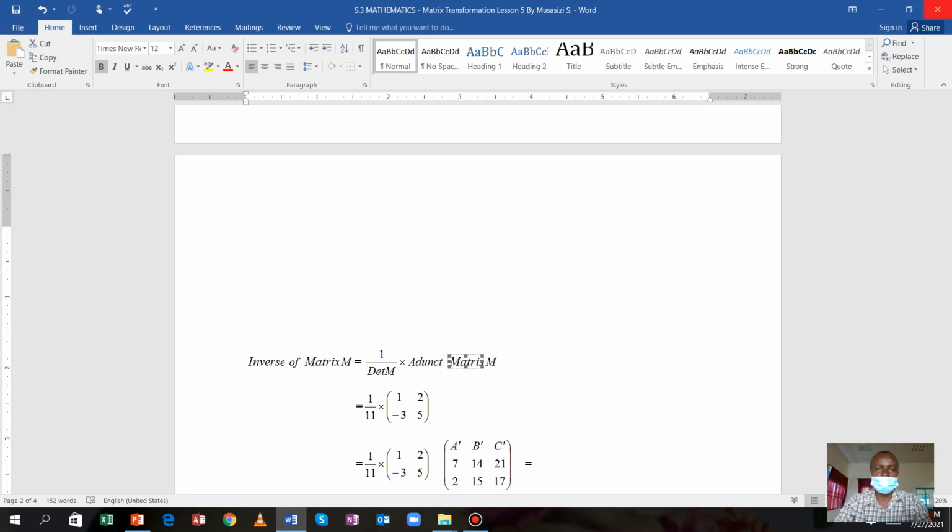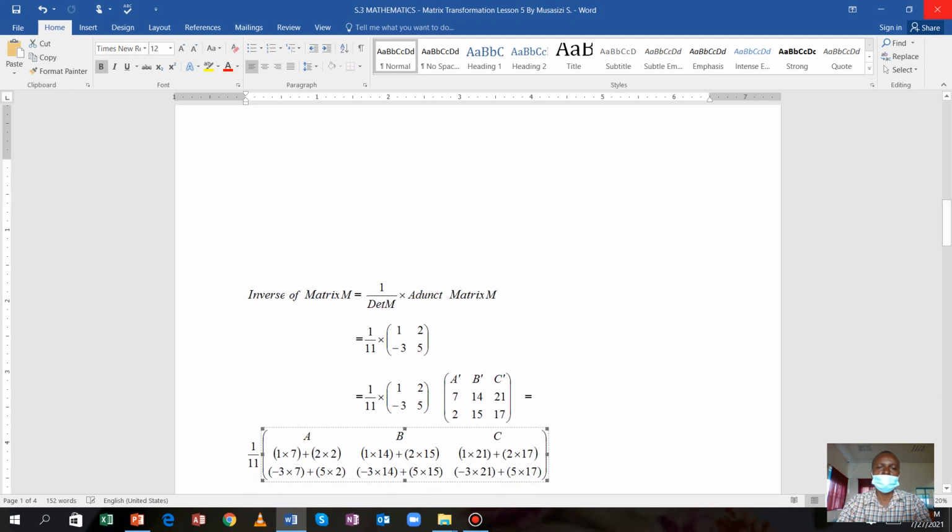The image points are 7, 2, 14, 15, 21, 17. So first leave the 1 over 11 and multiply the matrices, which is very easy: this (1, 2; negative 3, 5) by A prime, B prime, C prime. The 1 over 11 will come later.